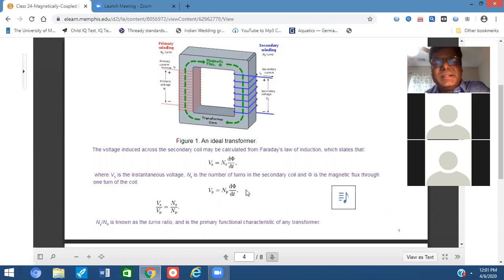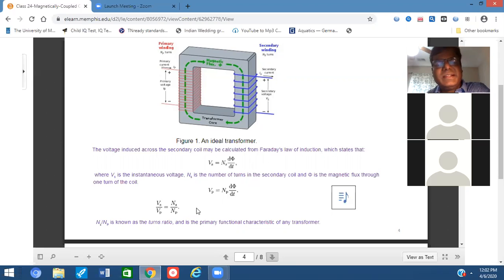Similarly, the next equation for the primary coil is Vp = Np dφ/dt. This means primary side voltage equals primary side number of turns times the rate of change of flux. Now, if you divide the upper equation by the bottom equation, Vs by Vp, then in the third line I have written Vs/Vp = Ns/Np, because dφ/dt cancels from numerator and denominator.